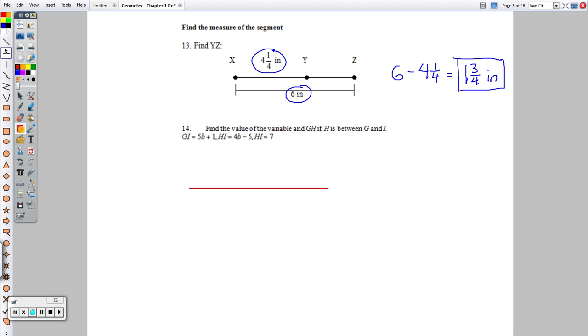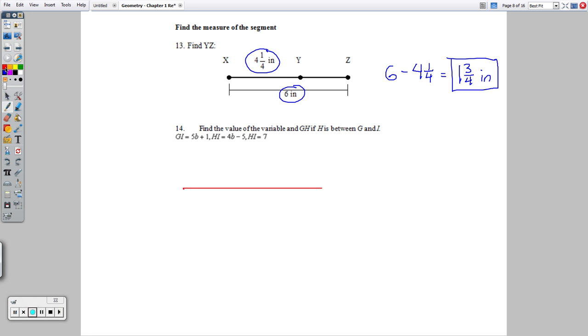So let's say that's our segment in question. H is between G and I, so G and I would be my endpoints. H is in between there, that means it has to be collinear. I don't know if it's exactly halfway in the middle. I'll kind of draw it almost like that, but note that this isn't necessarily the same length as that.